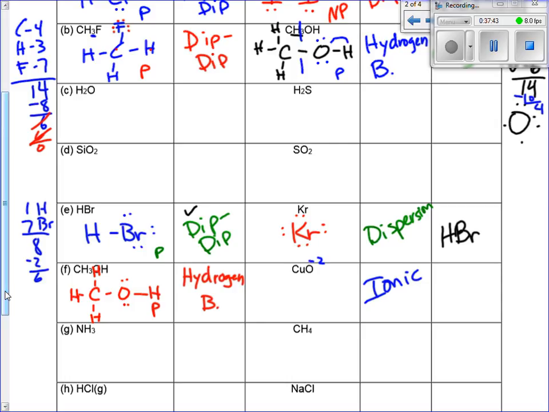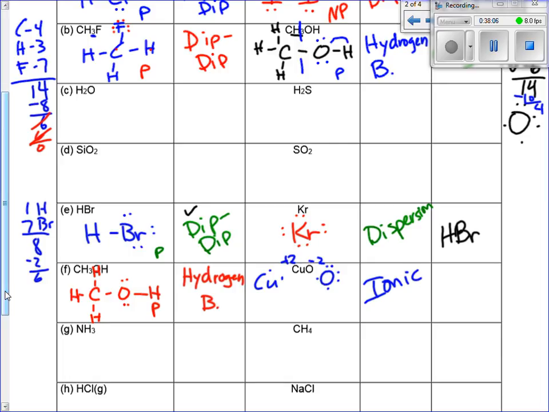So that means the copper has to be a +2. So we know the copper is going to give away 2 electrons. So I'm going to give the copper 2 dots. How many does the oxygen start out with? How many valence electrons does oxygen have? 6. So we start out with 6.